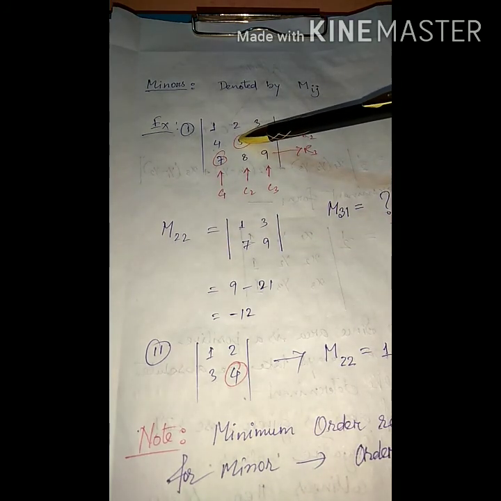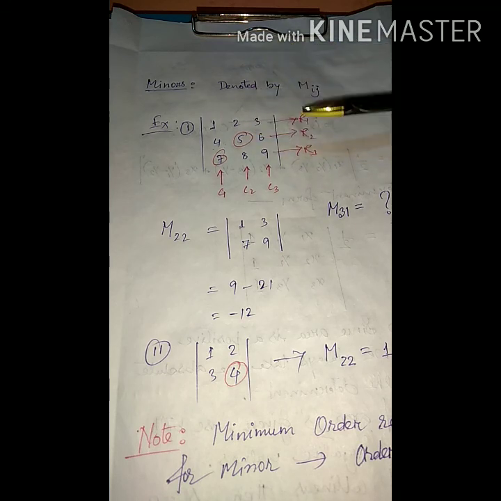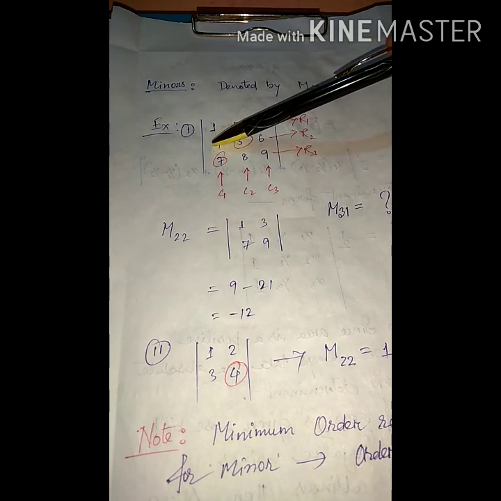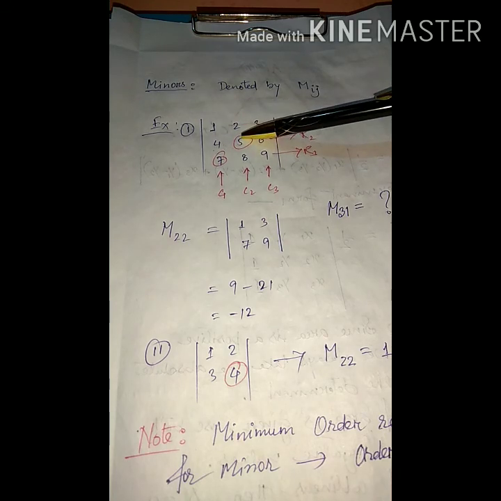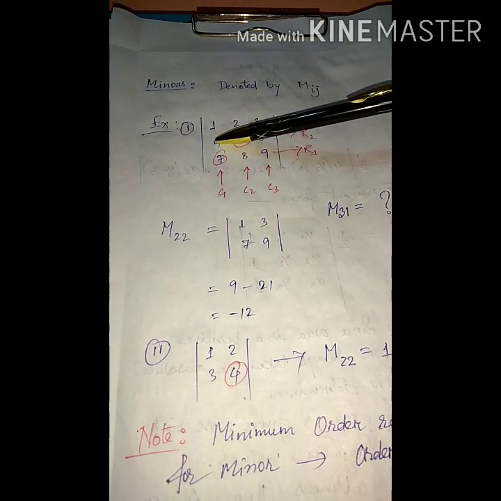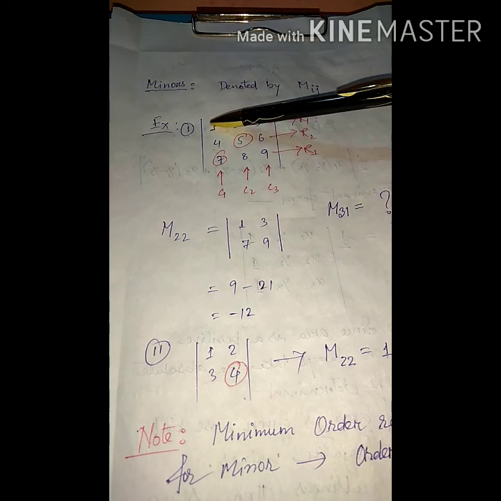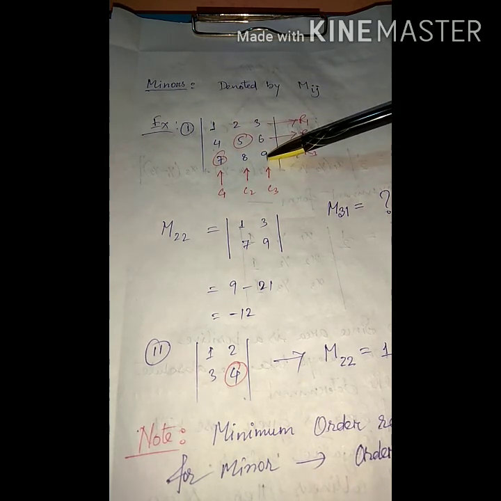With respect to this 5, we have to eliminate its row and column. This 5 is related to the second row, so we eliminate the second row, and it is related to the second column, so we eliminate the second column. So if we eliminate the second row and second column, 4 5 6 and 2 5 8 are eliminated. Then what will remain here? 1 3 7 9. Is it clear?